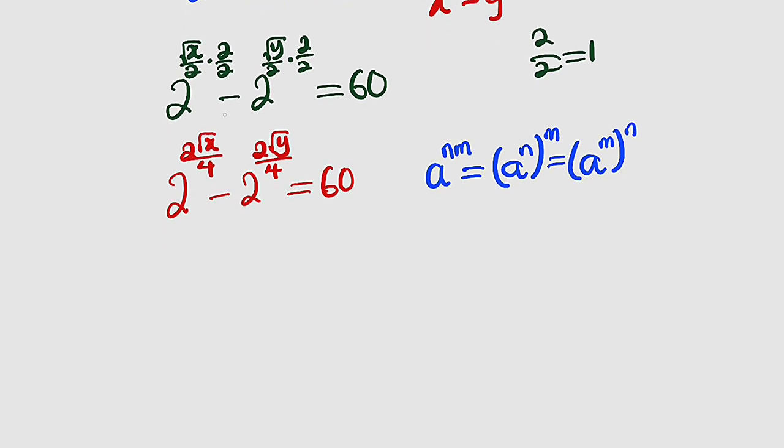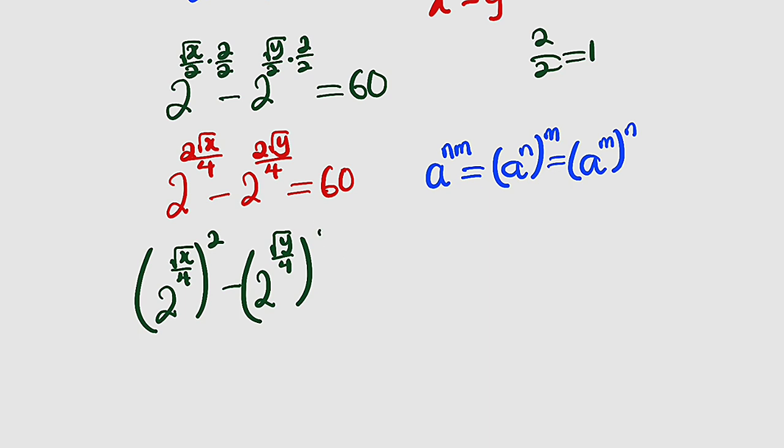So I'm going to write this one as 2 raised to the power of square root of x divided by 4, but raised to the power of 2. Do the same thing here: 2 raised to the power of square root of y divided by 4, to the power of 2. This is equal to 60.